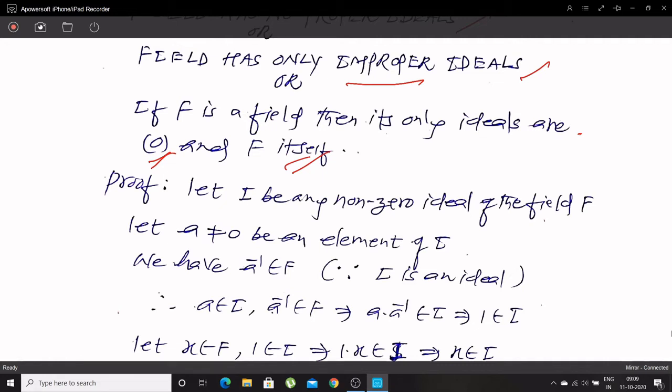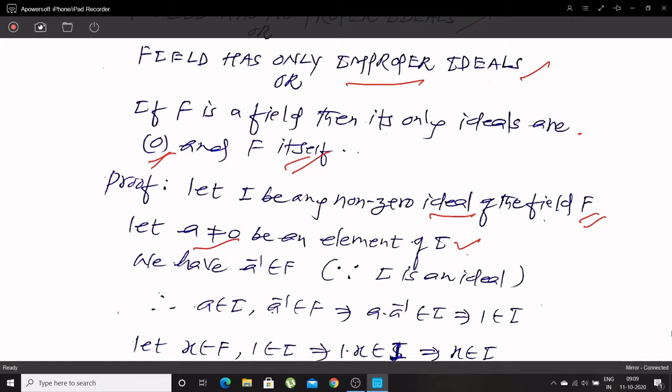Let I be a non-zero ideal of the field F. To check the definitions, we need to take elements. Non-zero ideal means a non-zero element. Let a, not equal to 0, be an element of the ideal. Generally we denote the ideal by capital I, just to remember.